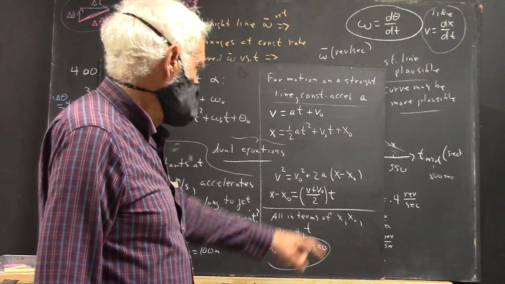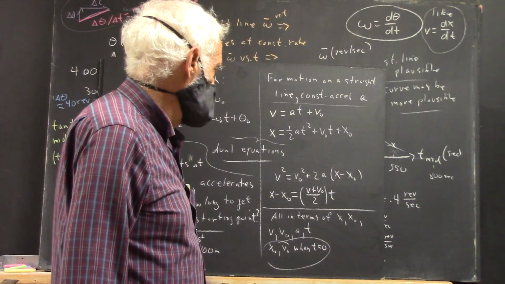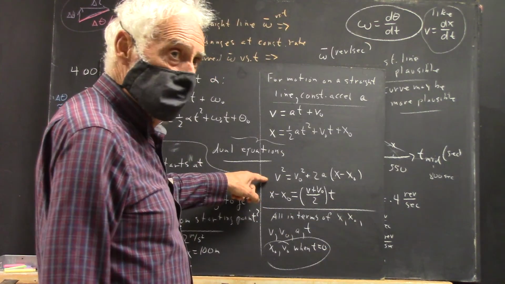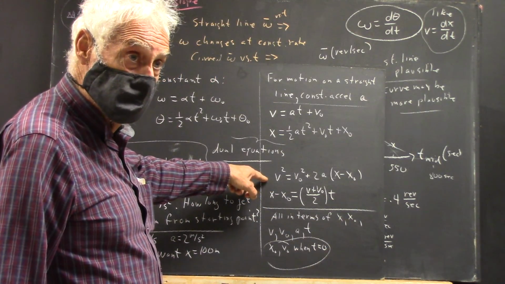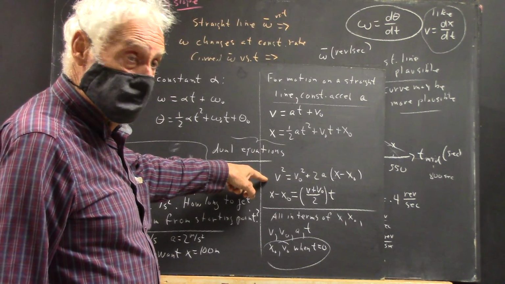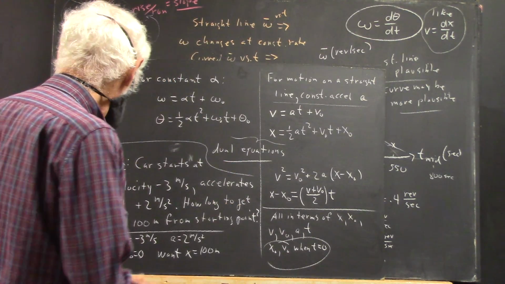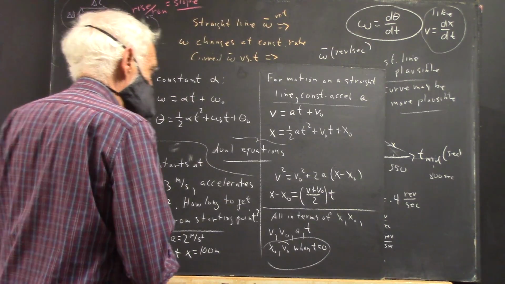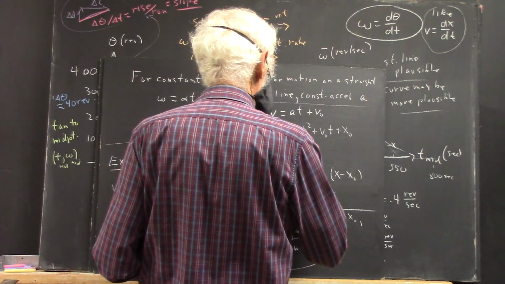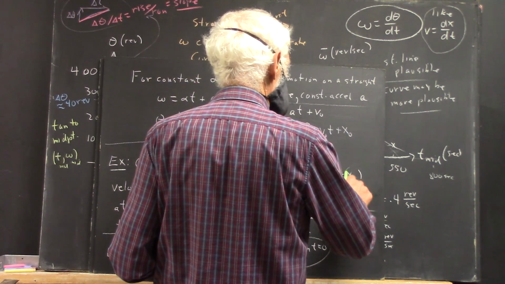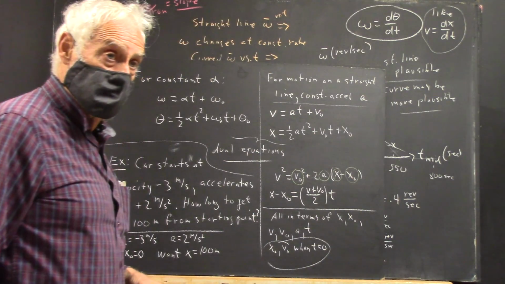We know the acceleration. We know the x and the x naught. So we could find the velocity at the end, right? So this equation can be used because we know v naught, we know a, we know the x we're looking for, we know the x naught.